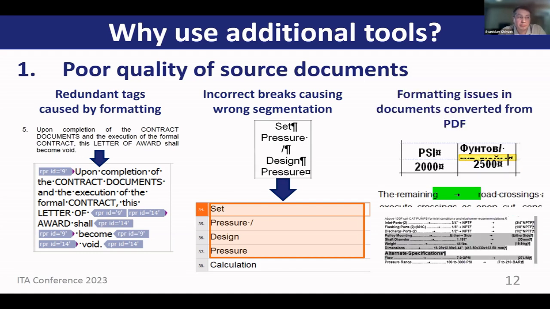Third, formatting issues in documents converted from PDFs, such as partly invisible text, tab characters between words, and other things. These are just some of the typical problems with source documents that you will encounter.